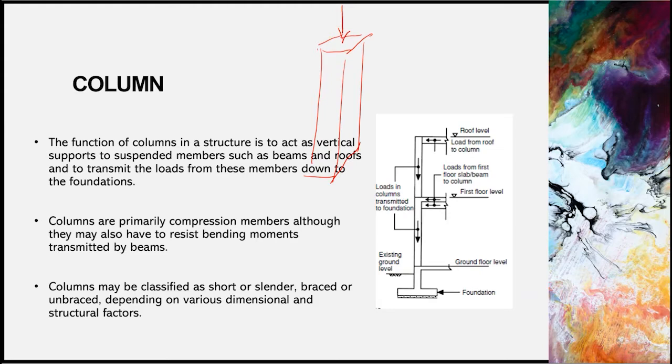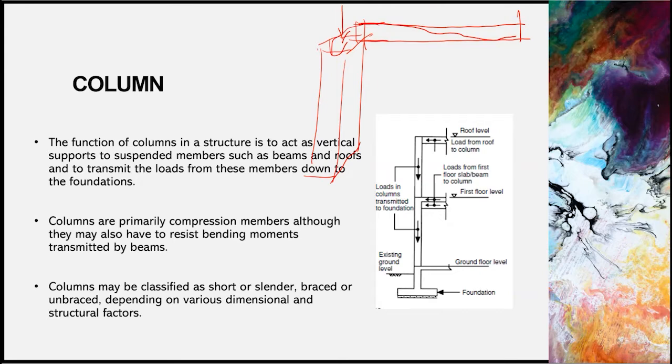Axial load meaning axial tu maksudnya betul-betul dekat tengah. Also mungkin dia juga ada resist bending moment transmitted by beam, because the beam perhaps will come from here. So beam ni akan transmit moment pada the column.